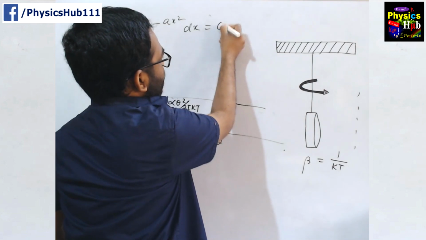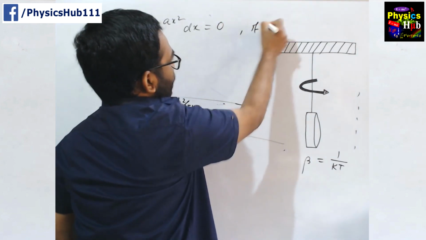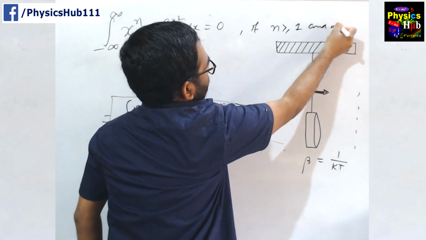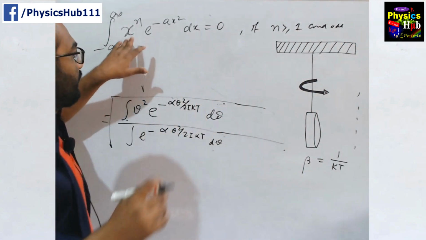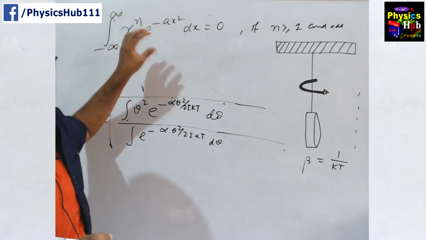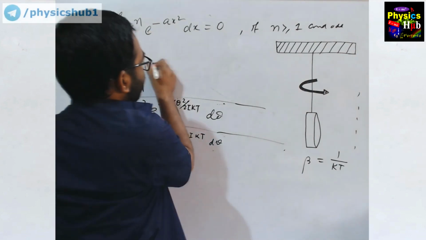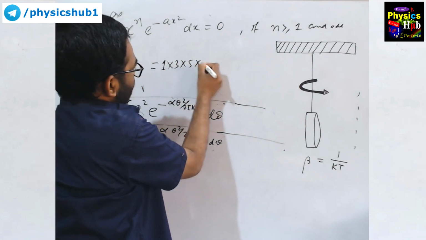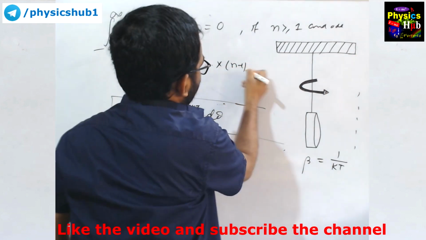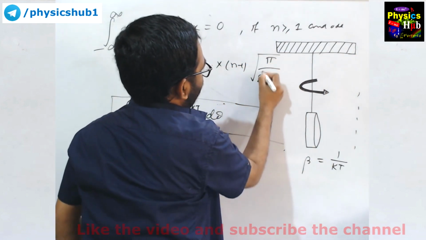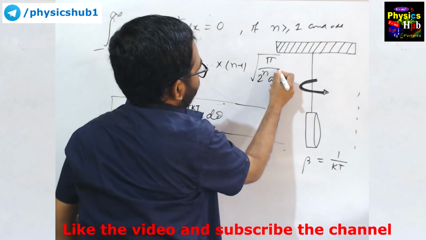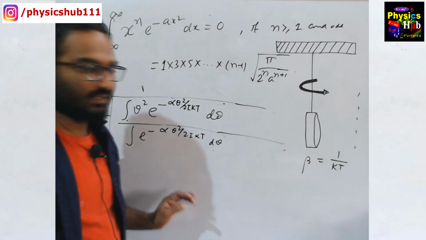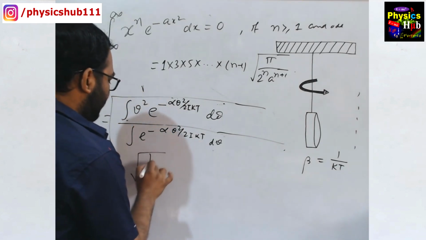The value of this integration is 0 if n is greater than or equal to 1 and odd, because then the whole integrand will be odd, and that gives you 0. And if n is even, then it will give you 1 into 3 into 5 up to n minus 1, times root pi, divided by 2 to the power n into a to the power n plus 1 by 2. Using this integration, you can easily evaluate this and you will end up getting root over kT by alpha.